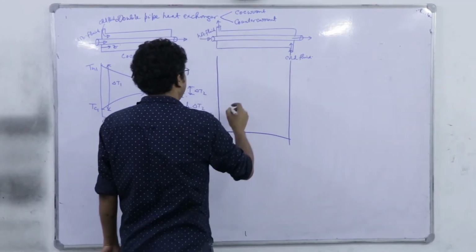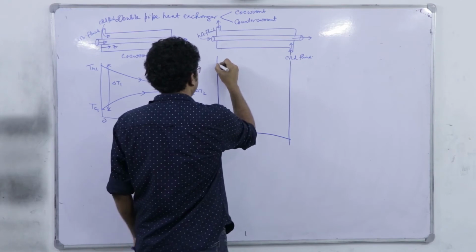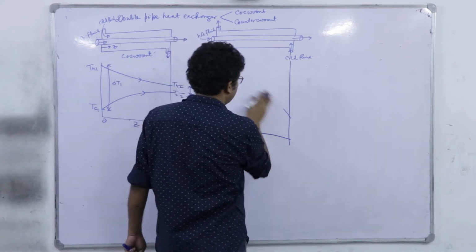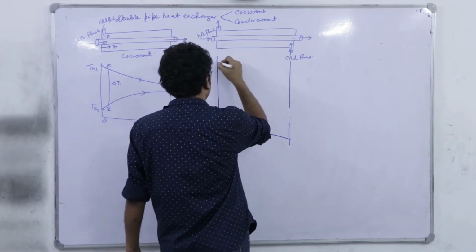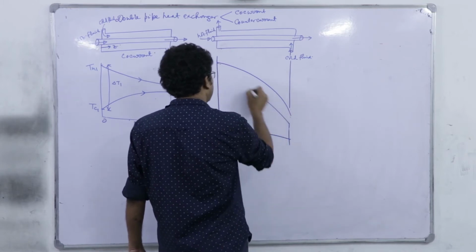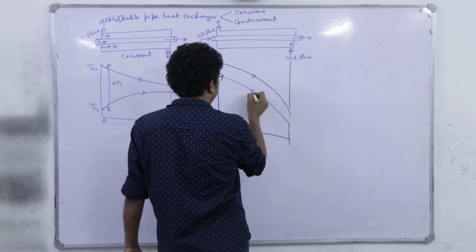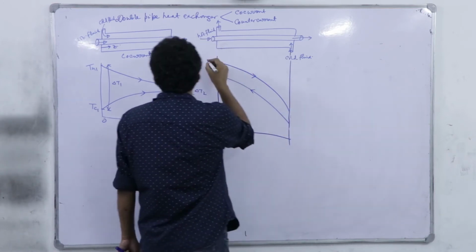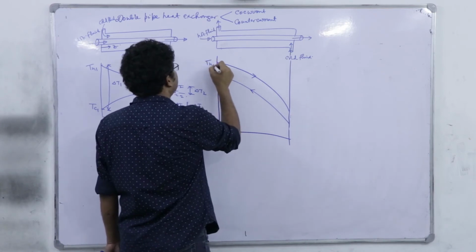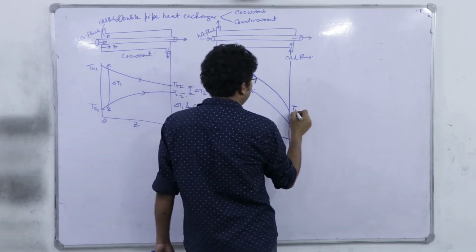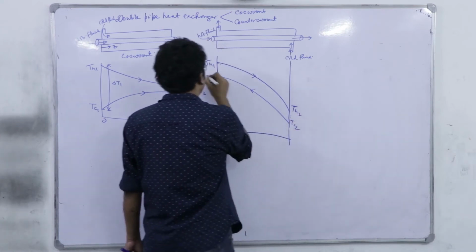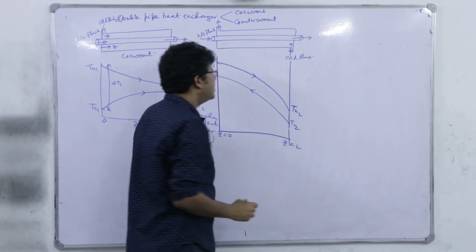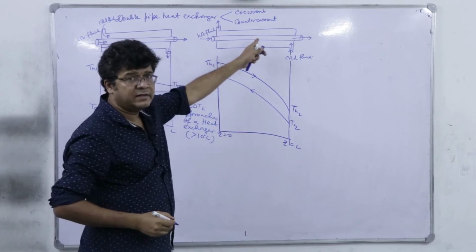The hot fluid inlets here, this is the hot fluid inlet, that is the cold fluid outlet. So, this is TH1, TH2, TC2 and TC1, Z is equal to 0 and Z is equal to L. So, note that why I am saying that this is more energy efficient.